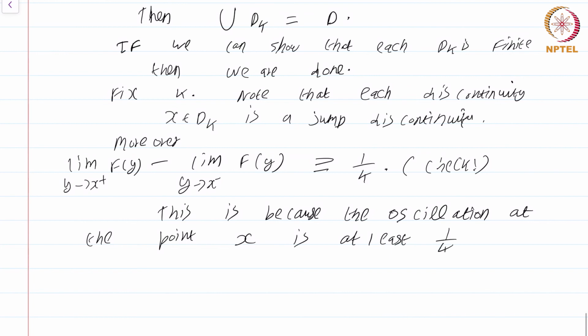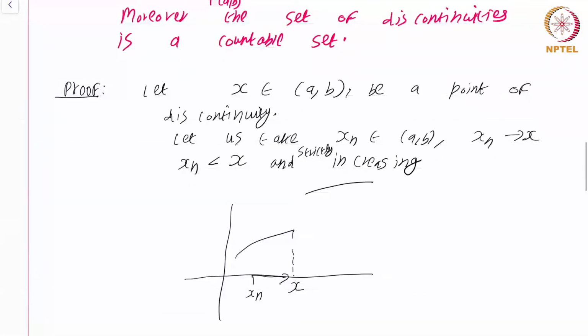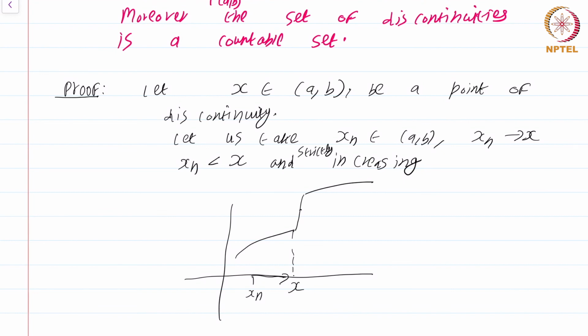Because the function has an oscillation of at least 1 by k at the point x, it has to be the case that the right hand limit minus the left hand limit must also be at least 1 by k. One of the crucial things to understand why this must be the case is to observe that f of x has to be somewhere in between this jump, because the function is an increasing function.